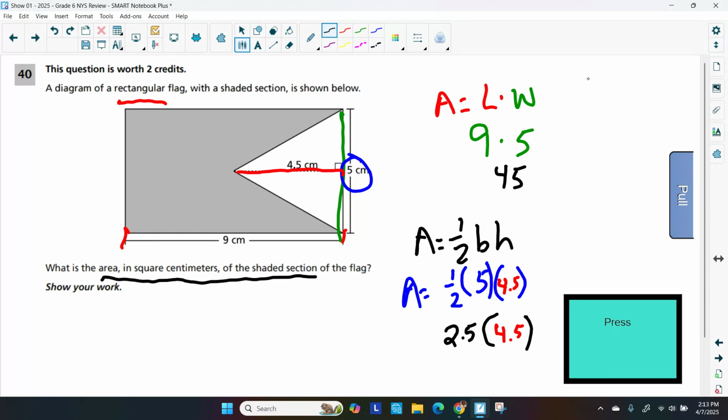So let me go up here. 4.5 times 2.5, that's 25. Carry the 2, and that'll give me 5 times 4 is 20. 20 plus 2 is 22.